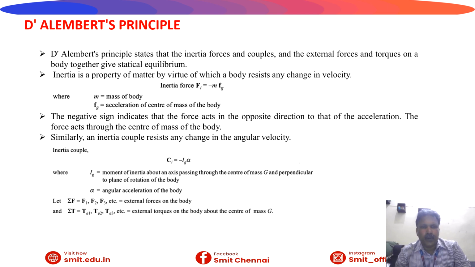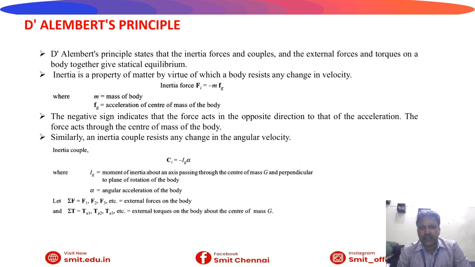Similarly, a body also resists any change in angular velocity. Therefore, inertia couple Ca equals minus Ig times alpha, where alpha is the angular acceleration of the body, and Ig is the moment of inertia about an axis passing through the center of mass G and perpendicular to the plane of rotation of the body.